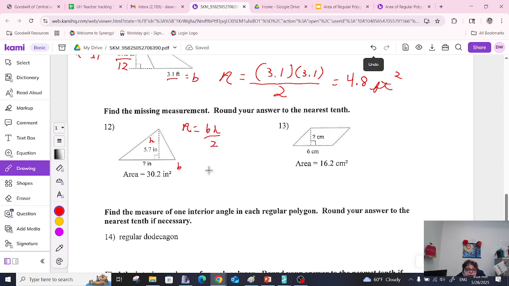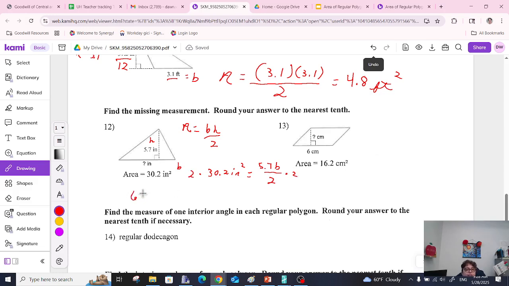I have area, 30.2 inches squared, equal to 5.7 times the base divided by 2. I can multiply by 2 on both sides to clear the fraction.